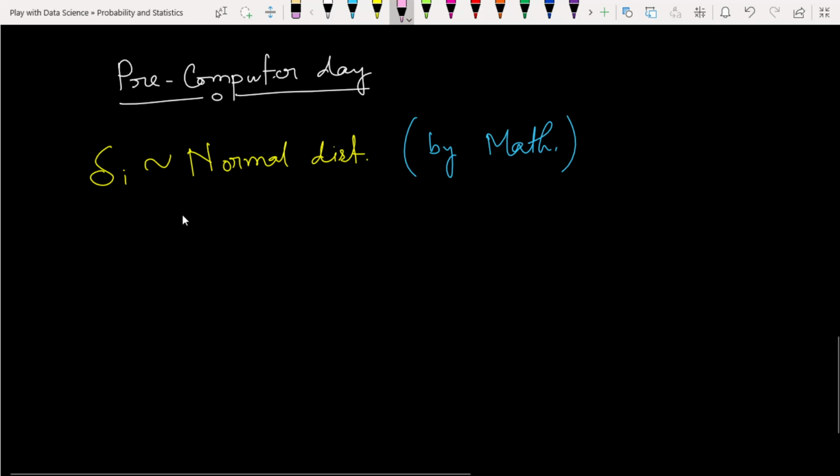Suppose we take this distribution as the normal 0 1 distribution, and the delta follows the normal 0 1.